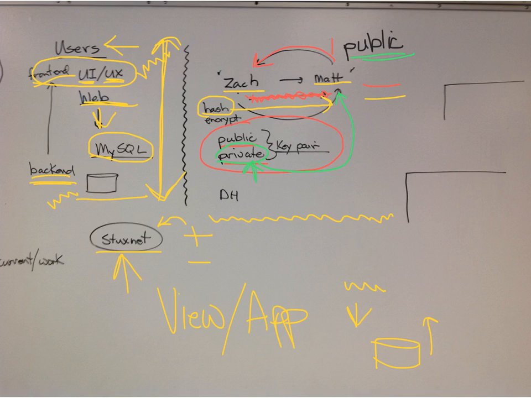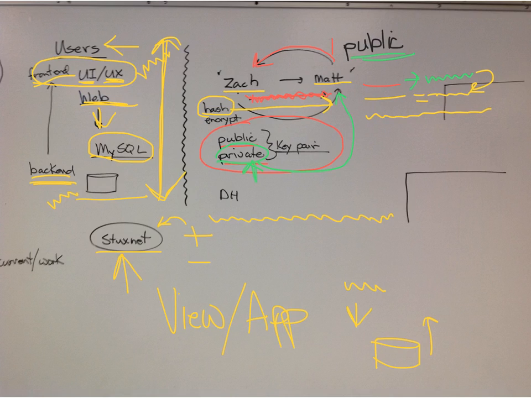Matt can decrypt it with his private key. So here he has it decrypted. Then he can hash it. Here's the hash. And then he can compare the hashes. If they match, this message couldn't have been changed. So now we have an accurate message, and it was encrypted so nobody could see it.